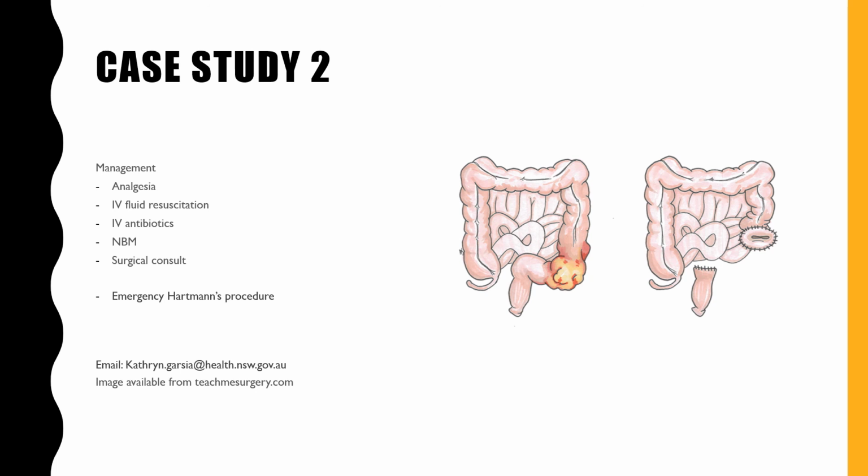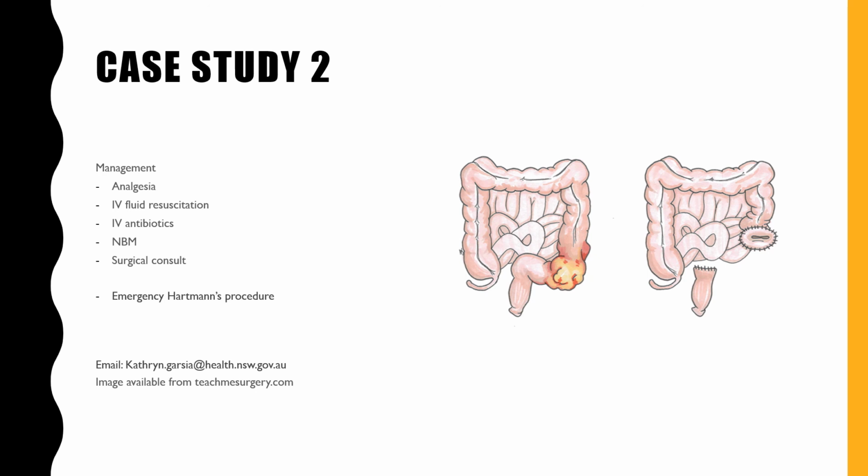So we have a 62-year-old male who's presented with a 4-day history of left lower quadrant pain. He is hemodynamically unstable, hypotensive, tachycardic, and tachypneic, and the CT scan shows that he has a perforated diverticular abscess causing free gas in his peritoneum. He has a rigid abdomen with generalized peritonism.